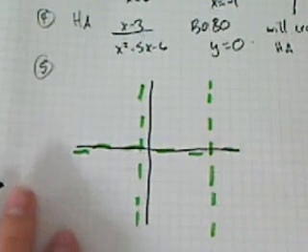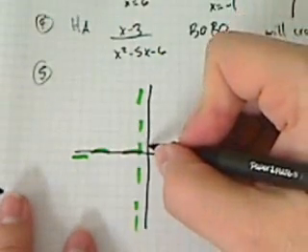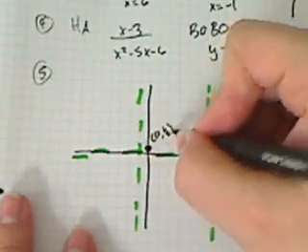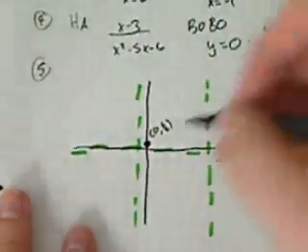We already have a couple of coordinates that we can put on the graph. We had a y-intercept of (0, 1/2), and we had the only x-intercept at (3, 0).